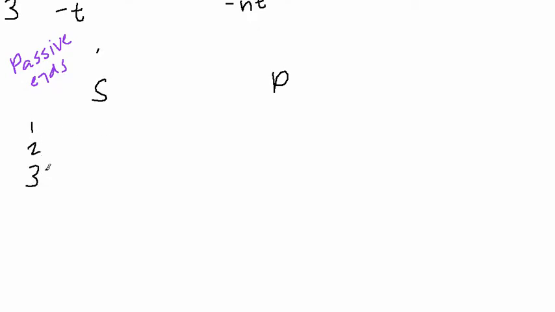And the endings are or, ris, tur, mur, mini, ntur. Okay, and by the way, the reason I'm not translating these forms is actually because it depends on how the subjunctive is used for the way it will be translated.